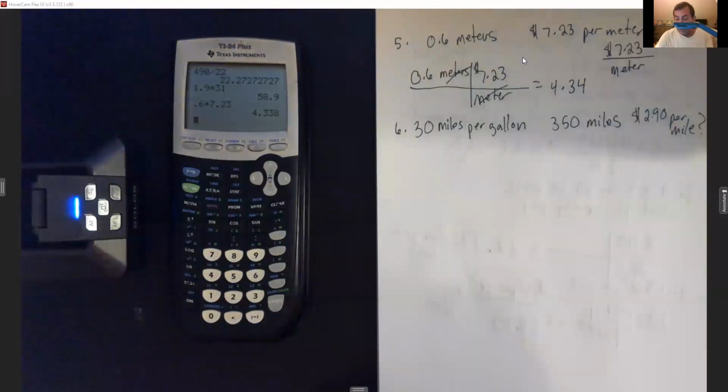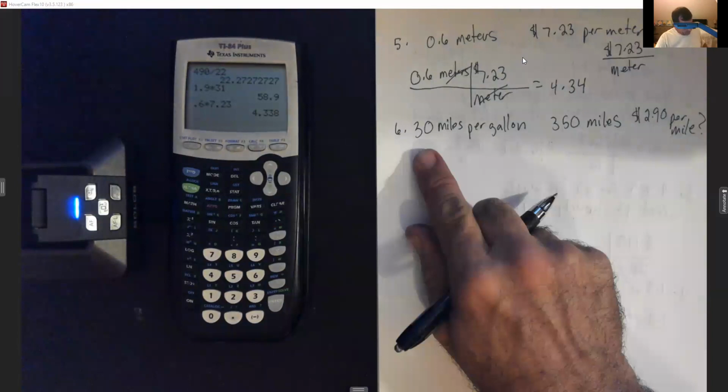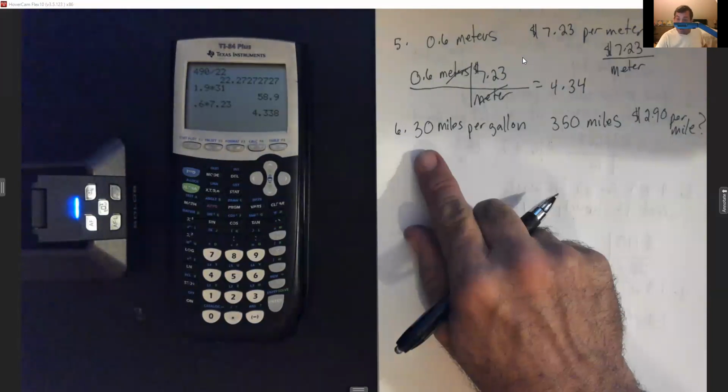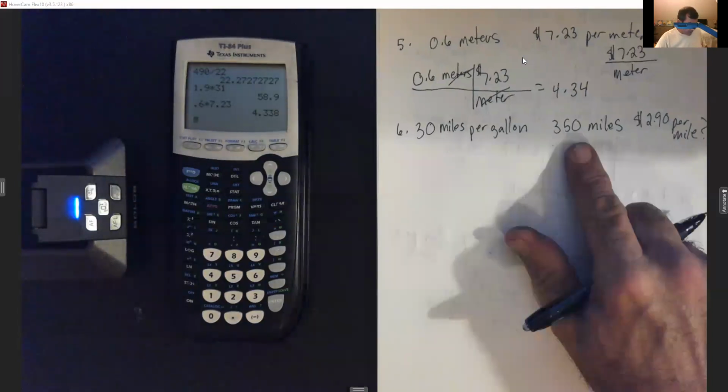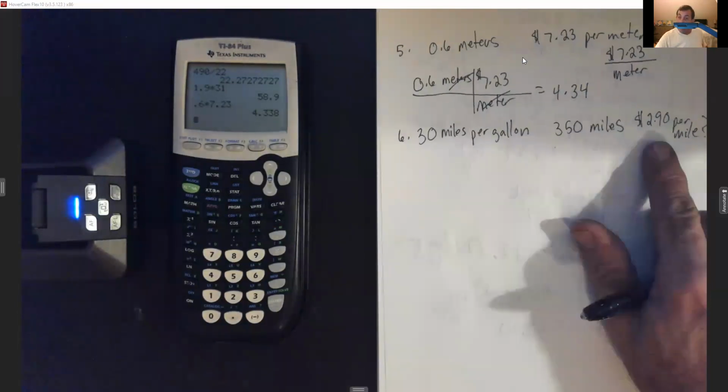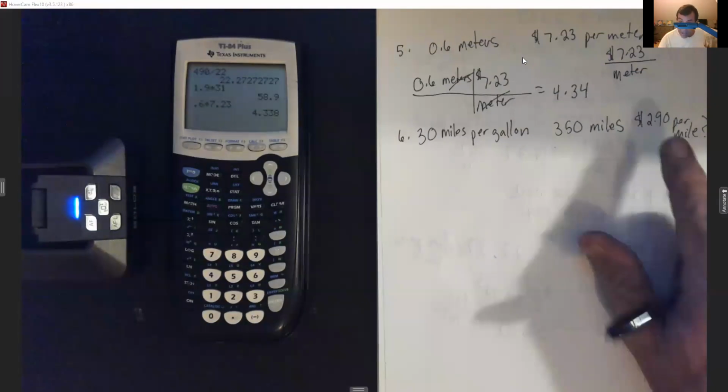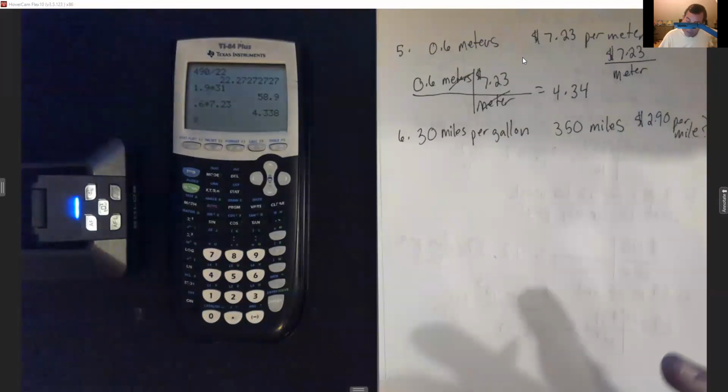So you get 30 miles per gallon with your car. You're driving 350 miles and your gas is $2.90 per gallon. So we're looking for a price when we're done with this, right? So let's see what we got.